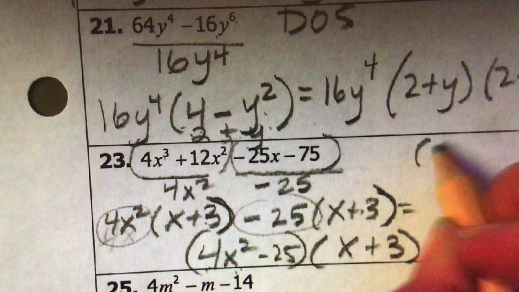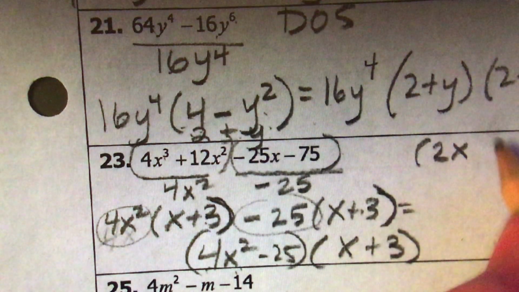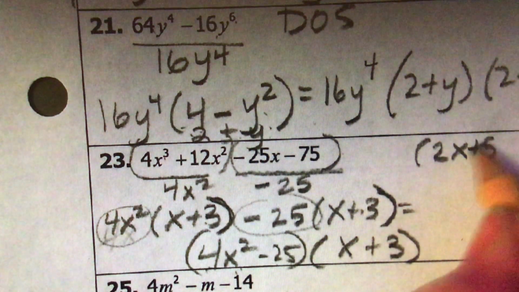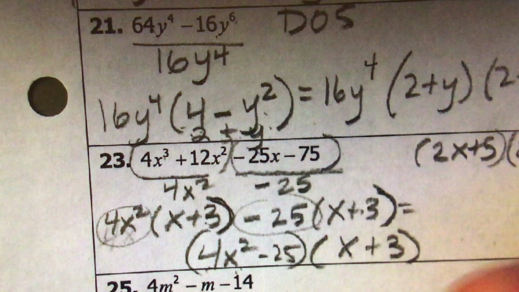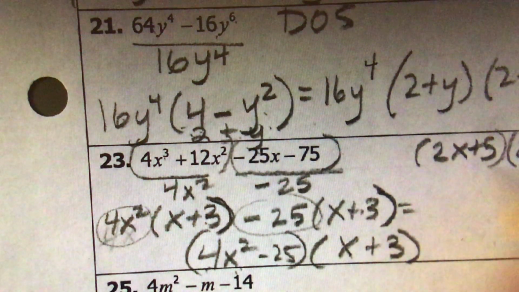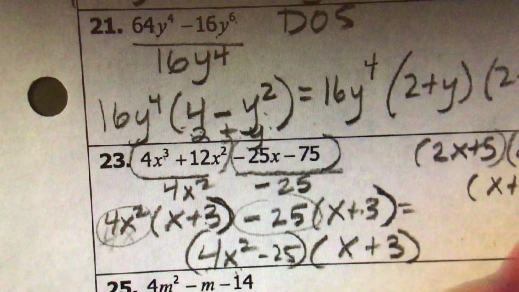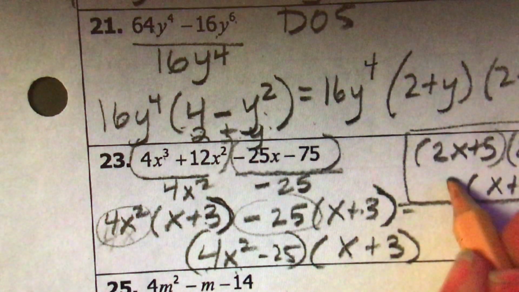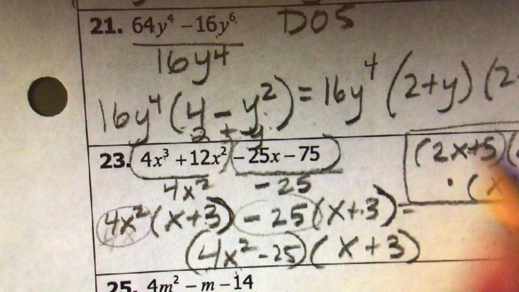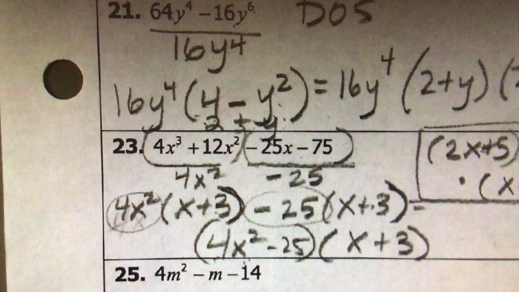That also means 2x, this is a difference of squares, plus 5 times 2x minus 5 times, and I'm sorry this is so messy, x plus 3. All of these 3, I'm going to put that in a box, are multiplied together. These are actually the factors of this. That's actually kind of cool. I like that. Okay.